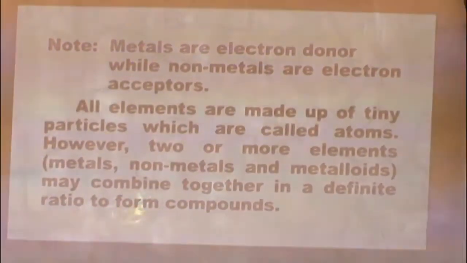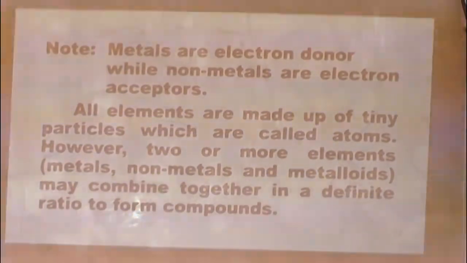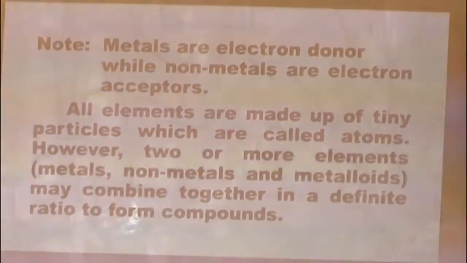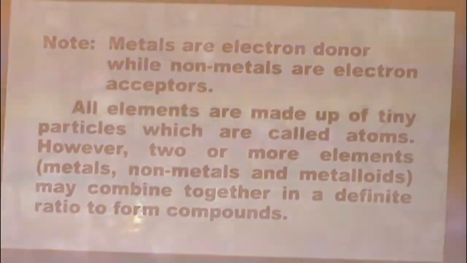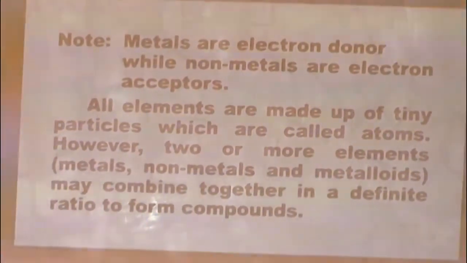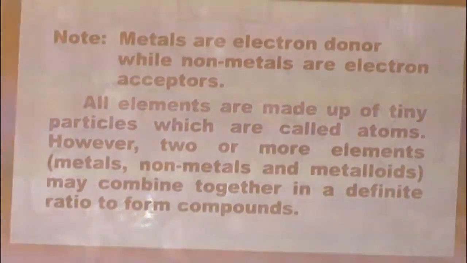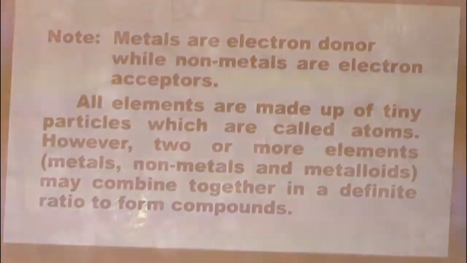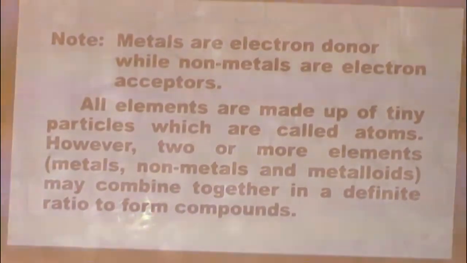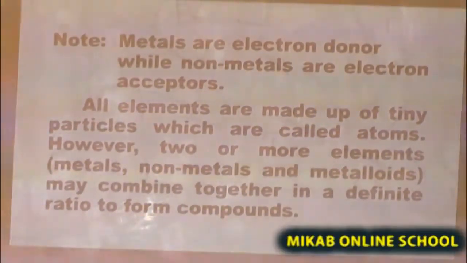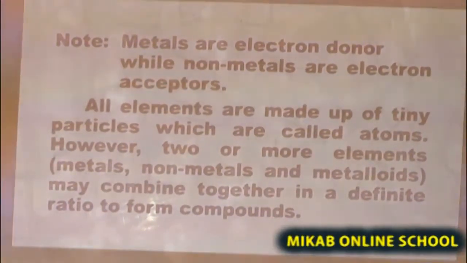Of course, metals are very hard, while non-metals are not hard. However, there are some metals that are not hard. Sodium is not hard. Potassium is not hard. They can easily be cut, even using a small knife.